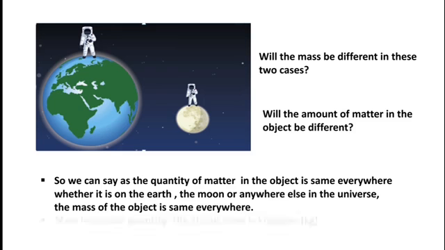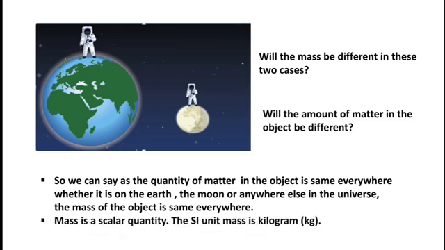Again, mass is a scalar quantity because it has no direction. It has only magnitude, and the SI unit of mass is kilogram. So students, it is clear to you that the mass of an object remains constant, does not matter where it is placed in the whole universe.